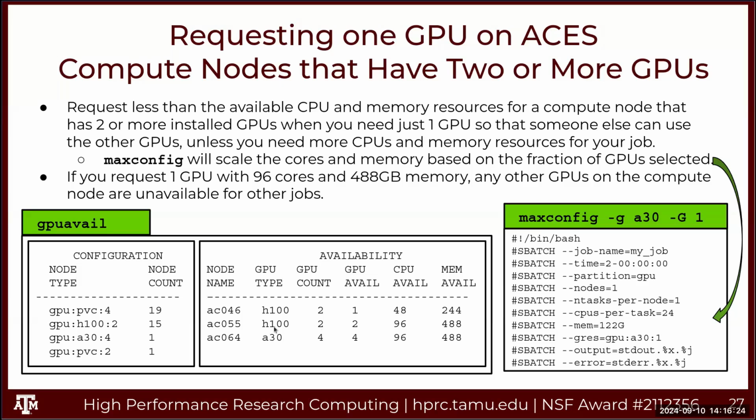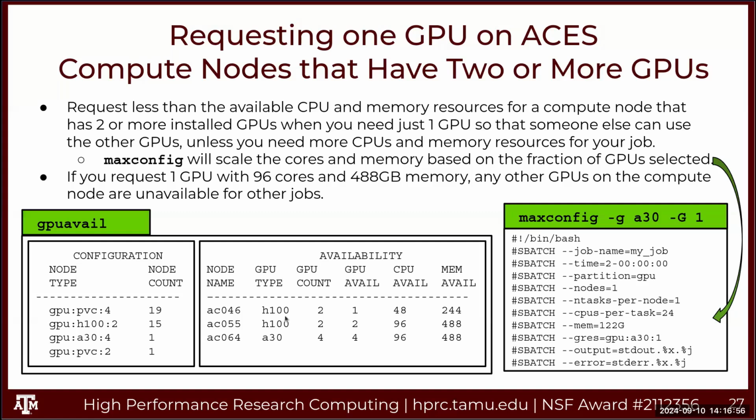In this case, AC055 is open, all of the cores and all the memory are available. Also, if there are two GPUs attached to a node, unless your software requires all of the memory and all the cores, just scale down the memory and cores to the number of GPUs you're requesting and the number of GPUs available.